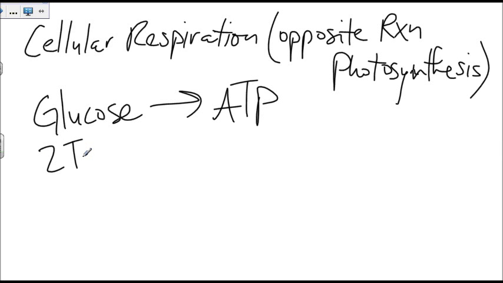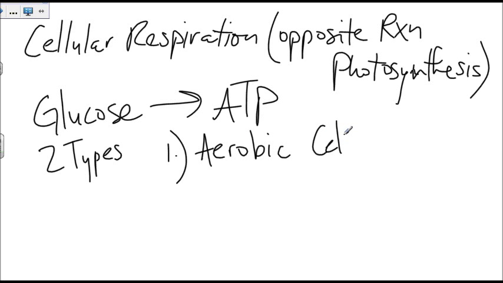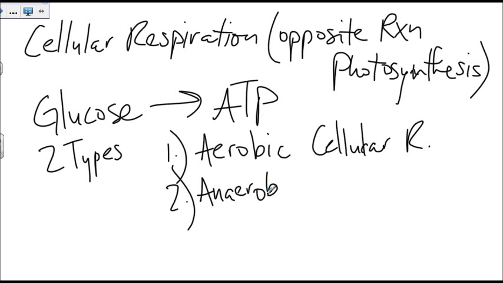There are two types of cellular respiration, one of them being aerobic cellular respiration, and the second one being anaerobic cellular respiration.